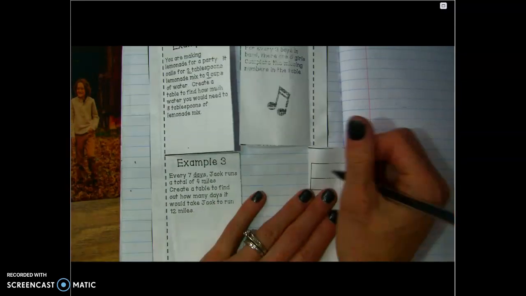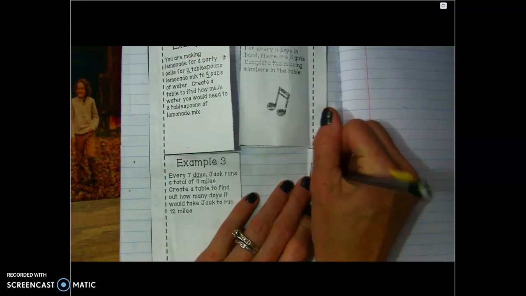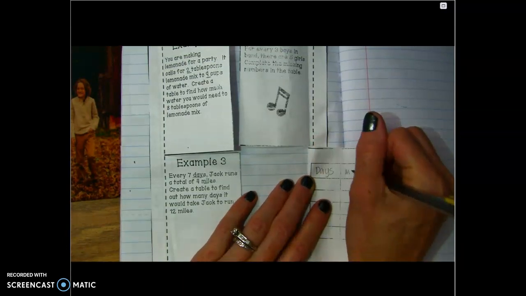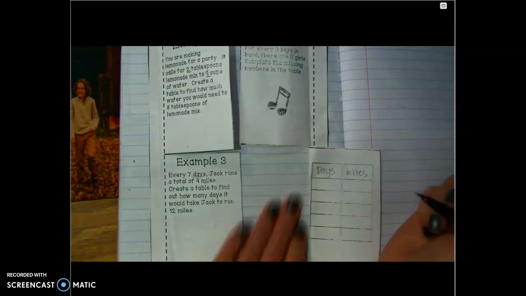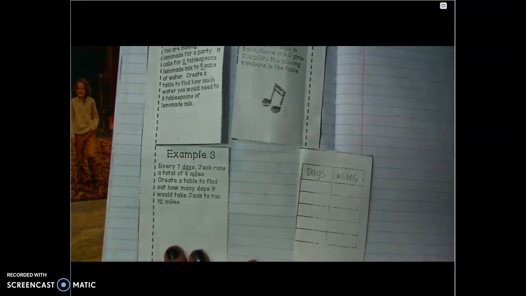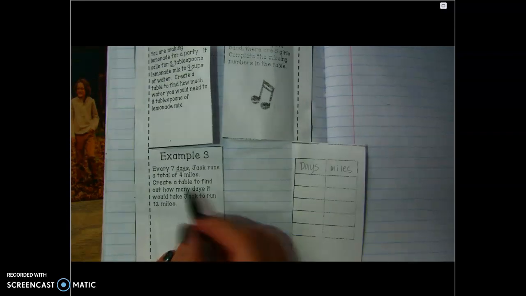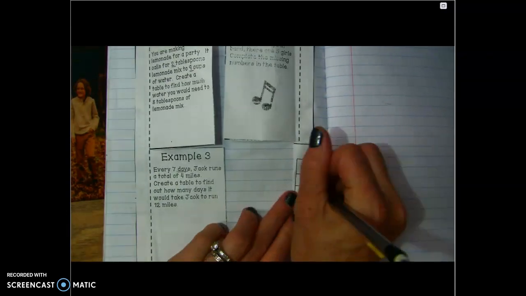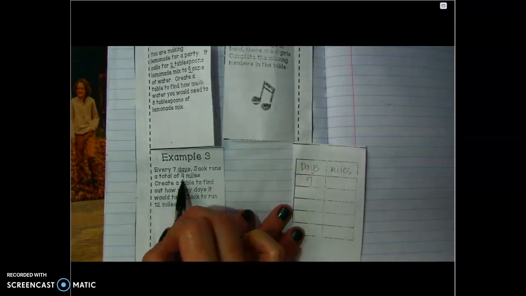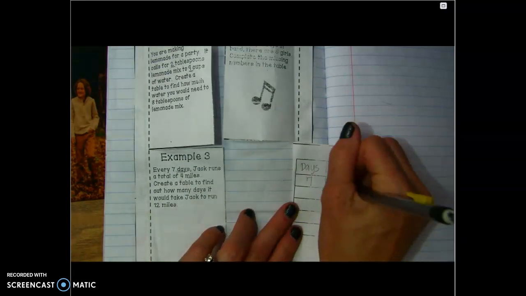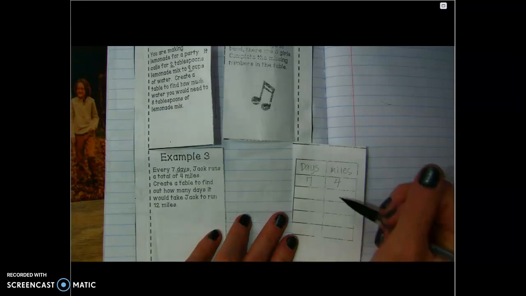So we're going to label this table days on one side and miles on the other. So we're going to take what we know. We know that every 7 days he runs how many miles? 4. Good.